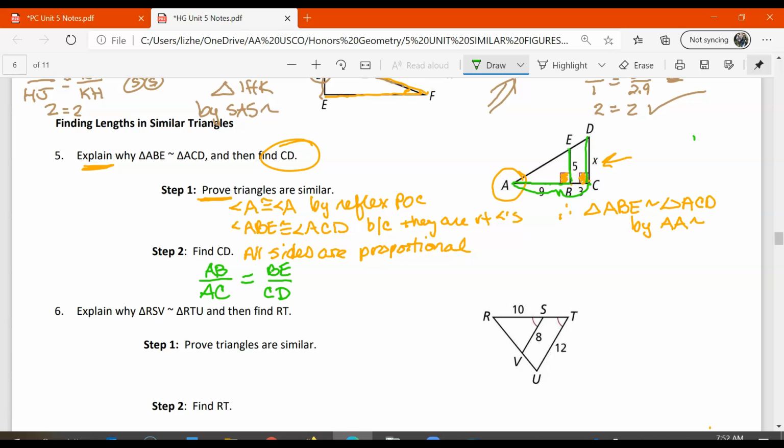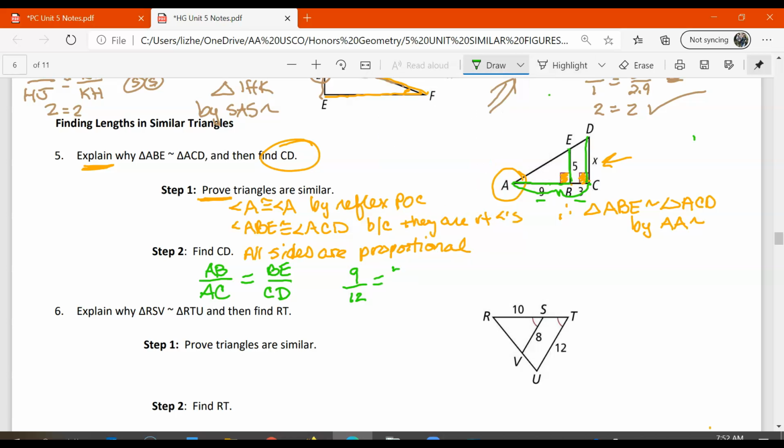And so now plug in what you know. Well, AB is 9. A to C is 12. 9 plus 3 equals BE. Let's try again.